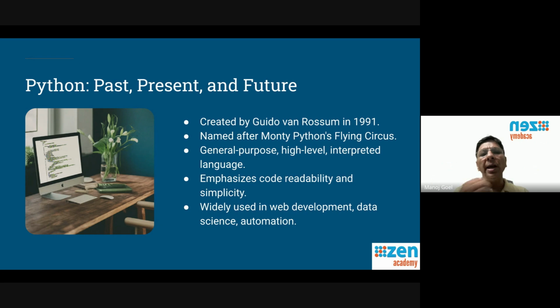Then came the era of high level languages. GW Basic was one of the initial high level languages, and prior to that some other languages were there as well. These languages provided some English-like syntax to write the code, available to engineers, scientists, and programmers.